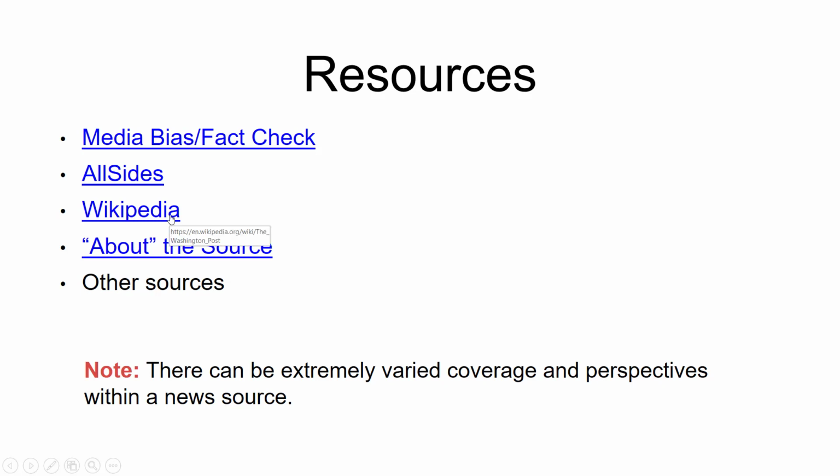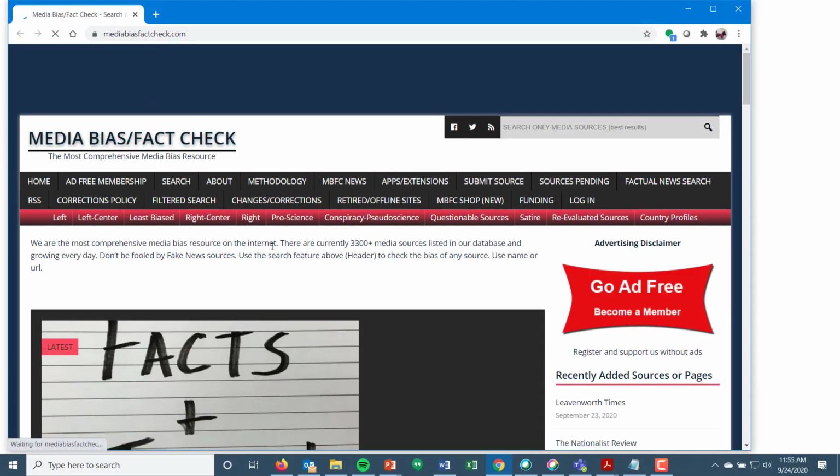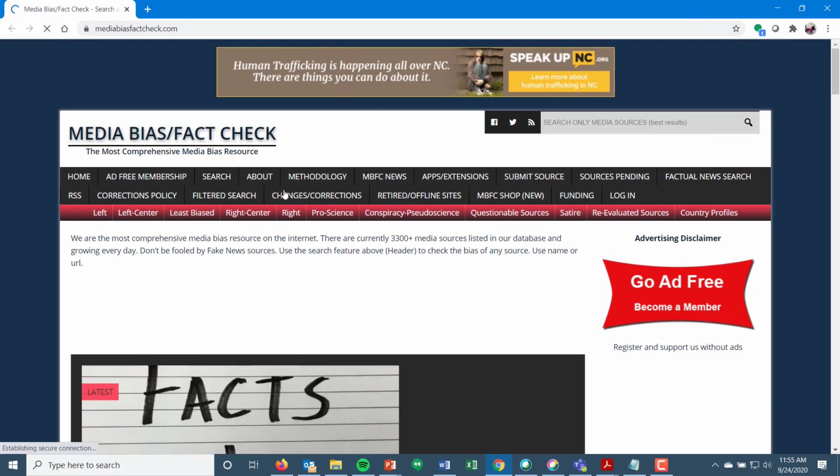Wikipedia, if you're looking at news evaluation, Googling what this source is and what their history and reputation are with Wikipedia, from a librarian perspective, isn't a bad thing, adding that to your general knowledge bank. But you also have two websites, Media Bias Fact Check and allsides.org, that bring up and compare news media.